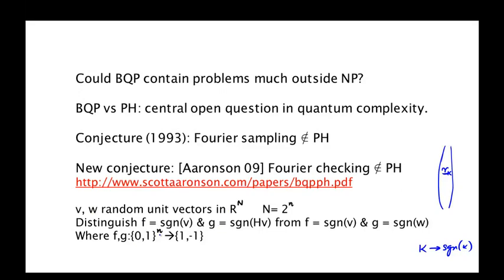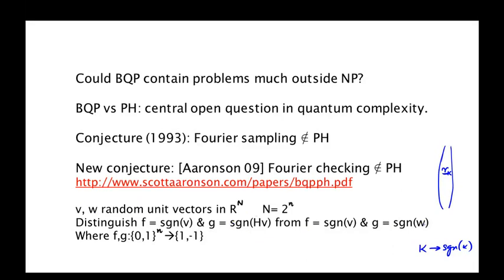What we want to do is distinguish: either we are given f equal to sign of V and g equal to sign of W, the sign functions defined by these two random vectors, or we are given f equal to sign of V and g equal to sign of HV.